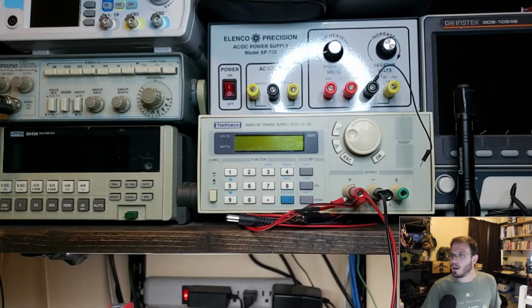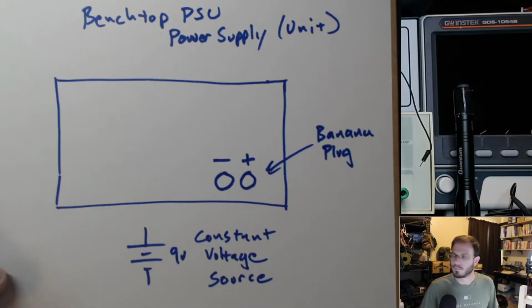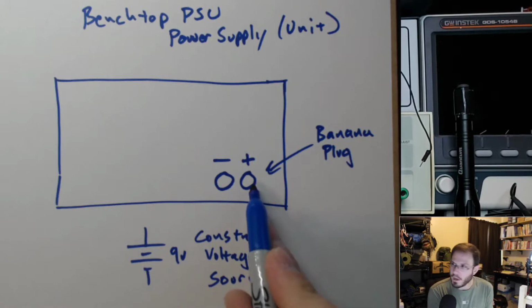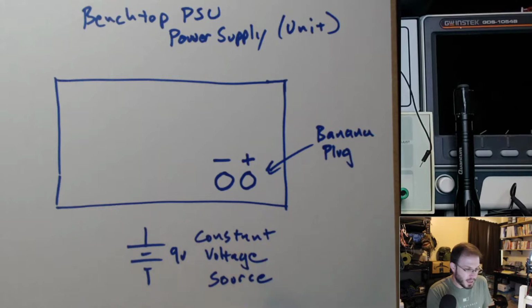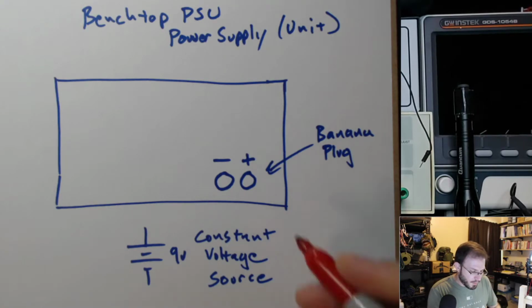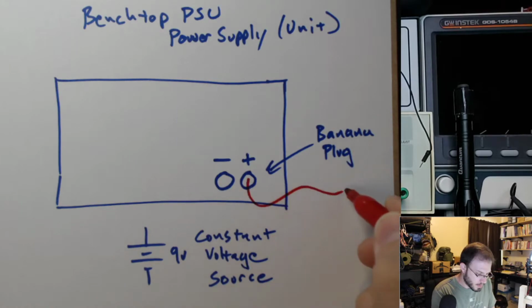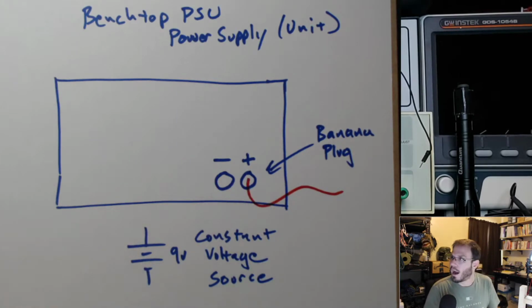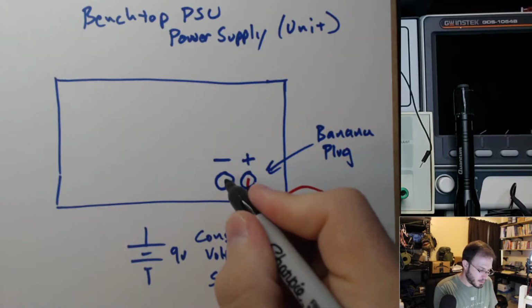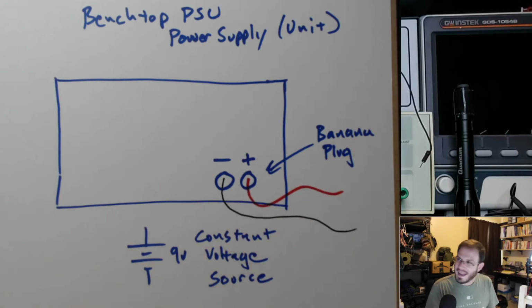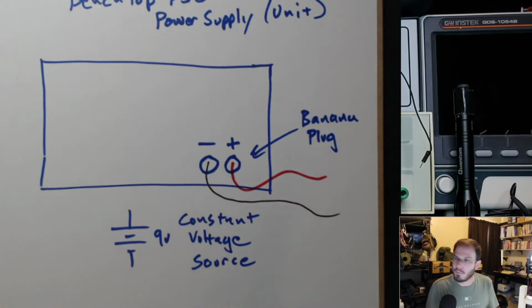Okay, now let me go back to our little diagram over here. So we know where we're going to get the positive and the minus. They're going to come from these two banana plugs or the screw connector. Now, I'm going to use a red wire for plus, and I'm going to use a black wire for minus. And I'm going to bring these out to my circuit.